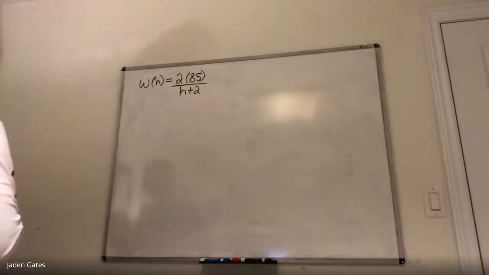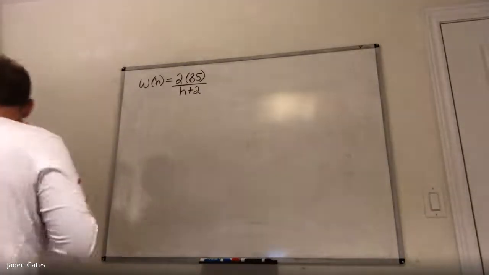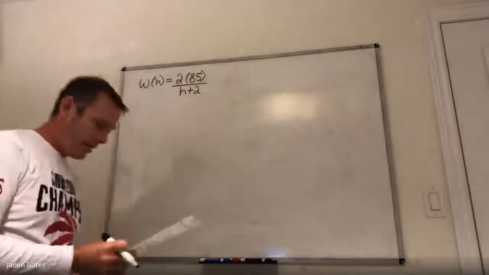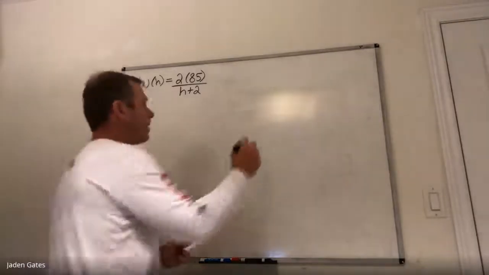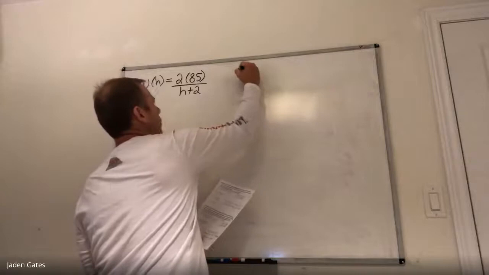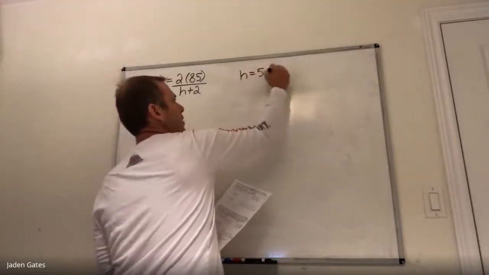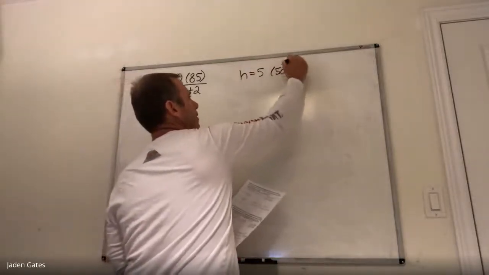All right, so we want to estimate it at 5,000 meters. Now, our units here say that the height is in thousands. So actually, our h value that we're going to be looking at is 5, because it represents 5,000.